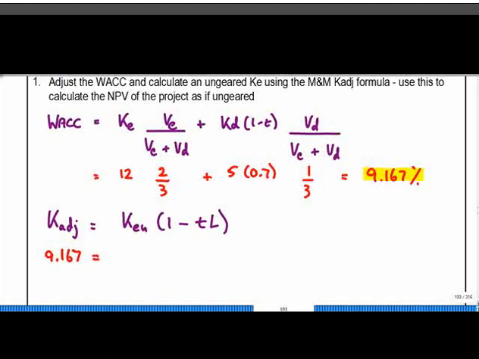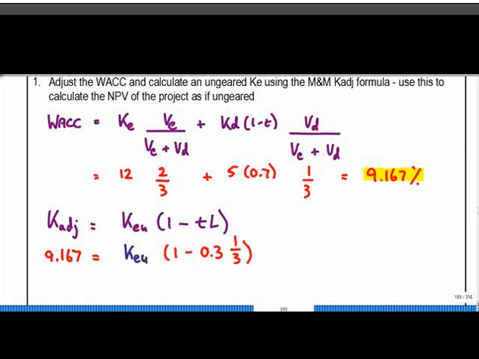So we know the weighted average cost of capital is 9.167. We know the tax rate is 30%, and that this company has got £1 of debt to £3 of debt plus equity. That's the leverage figure. We're trying to work out the cost of equity ungeared.